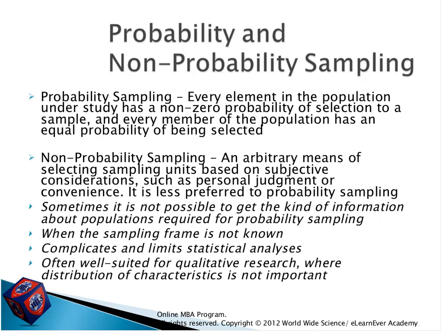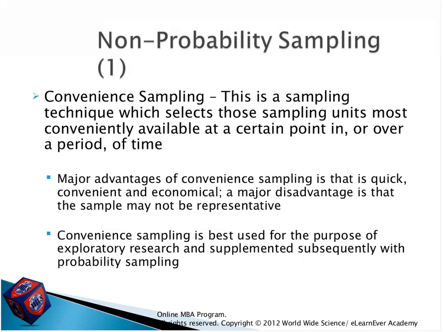Again, if we want to talk about probability and non-probability sampling more, I put this slide here, and there is some explanation about this method. Here there are some good points.